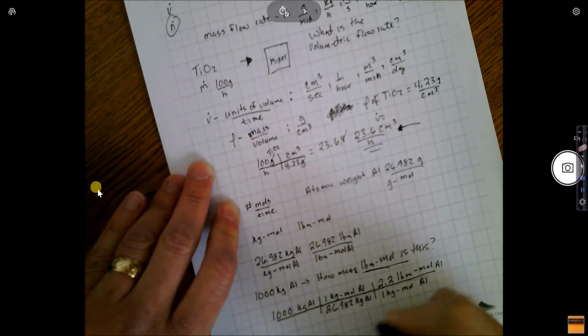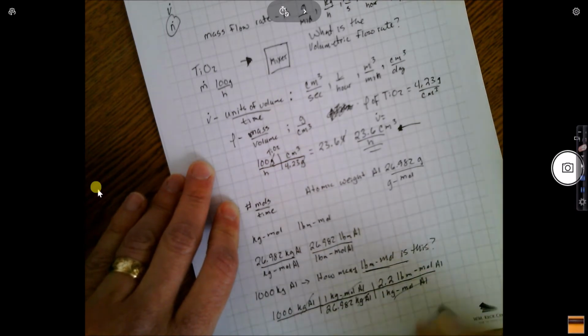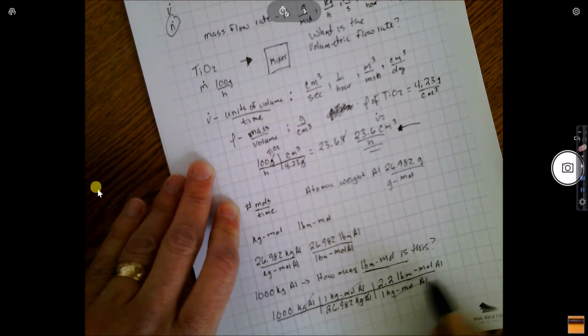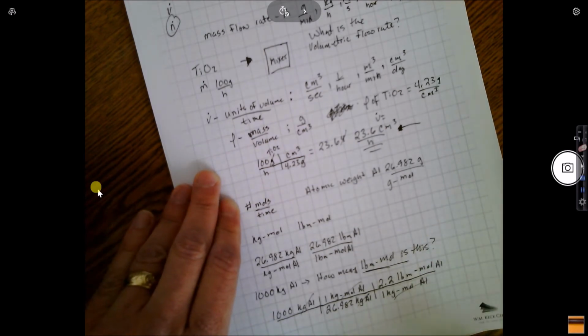Kilograms of aluminum cancels, kilogram moles of aluminum cancels, and we're left with pound mass moles of aluminum, which is what the question was asking for.